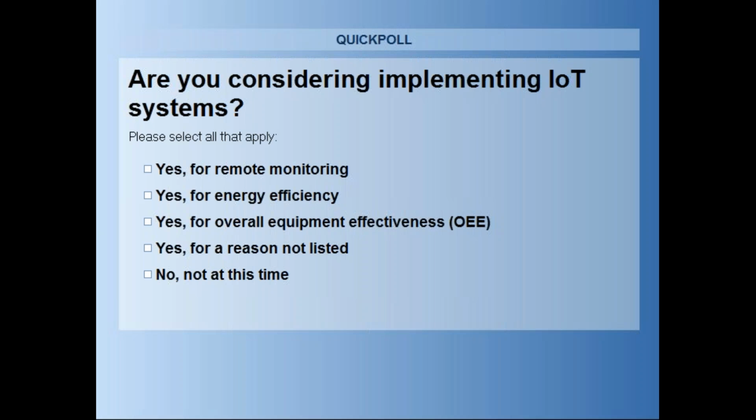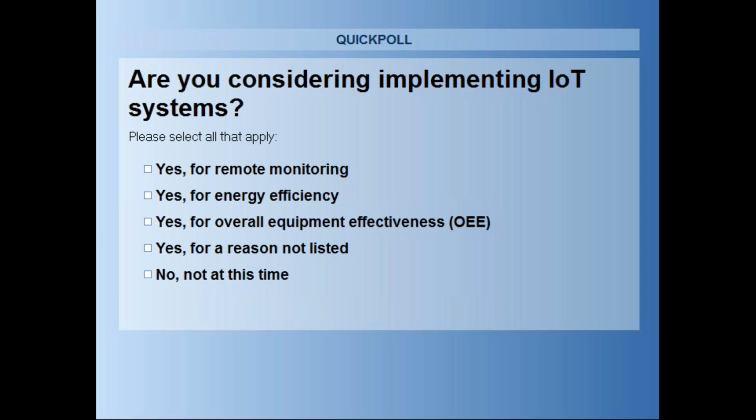Let you have a minute to go through this. If everybody can see this poll question, just answer it very quickly on your screen. Going off of Eric's graph that he showed a moment ago, I'm wondering if you're using IoT for anything specific like remote monitoring or energy efficiency. We've also heard some buzz about using IoT for OEE, or perhaps there's a reason we didn't list here. So just getting an idea who on the line is actually considering implementing these sort of IoT solutions.